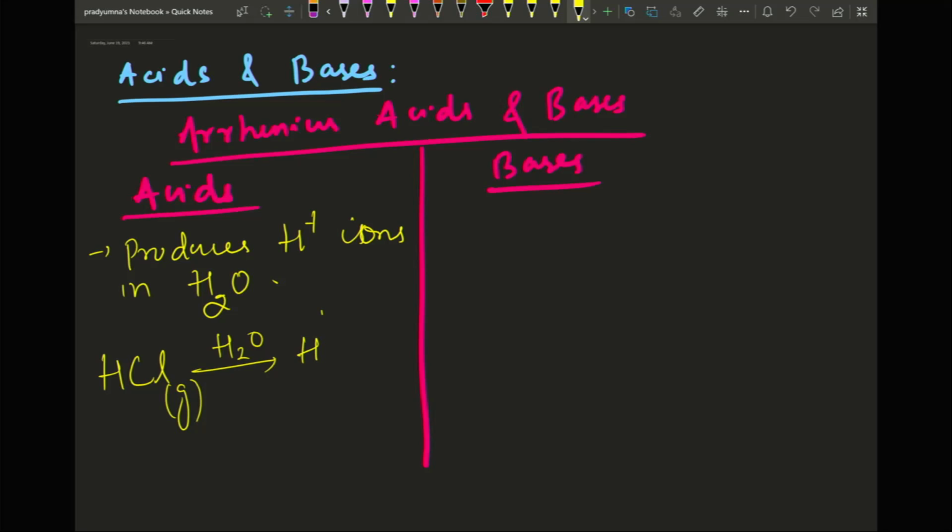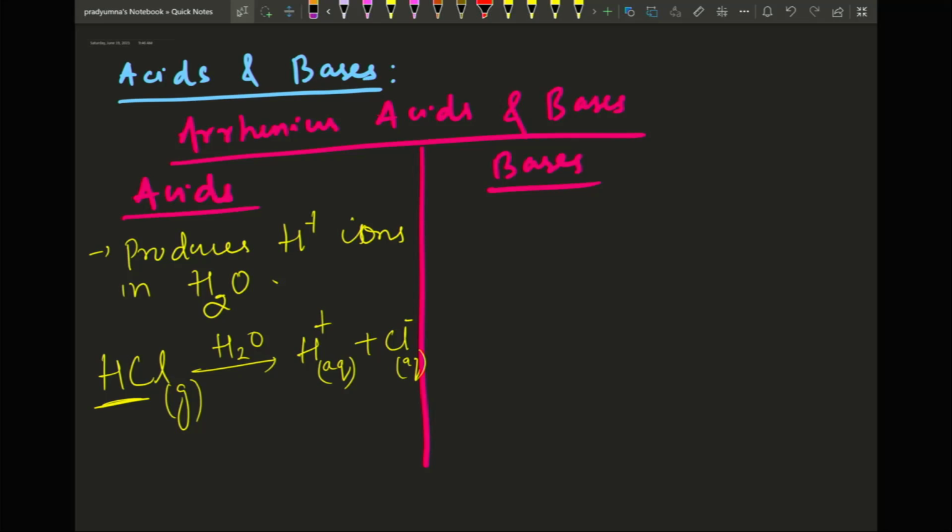You will produce H plus and Cl minus, in aqueous solution. So HCl provides H plus ions when you put it into water.